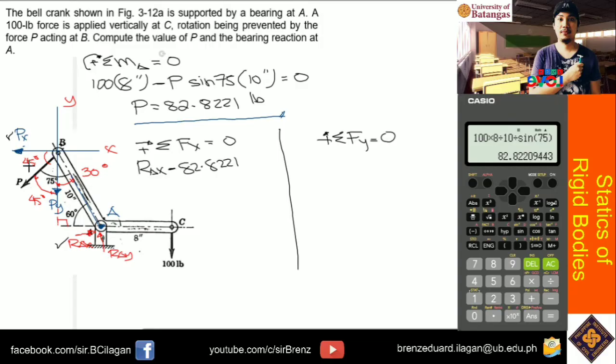So para makuha yung kanyang X component, multiply mo lang ng cosine 45. So that is equals to 0. Or RAX just equals to 82.8221 cosine 45, so answer times cosine 45, or that is 58.5641.